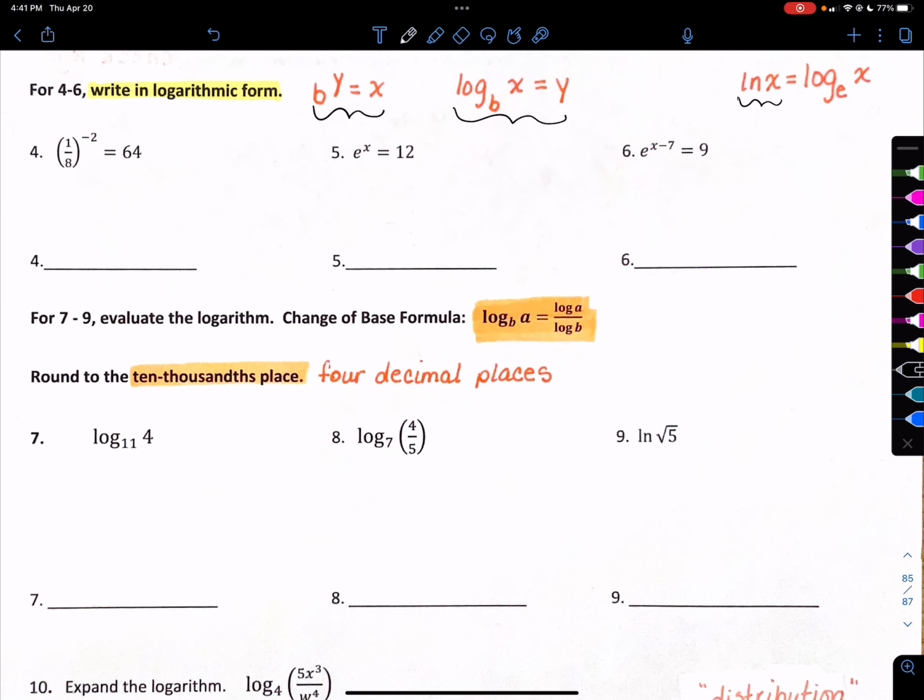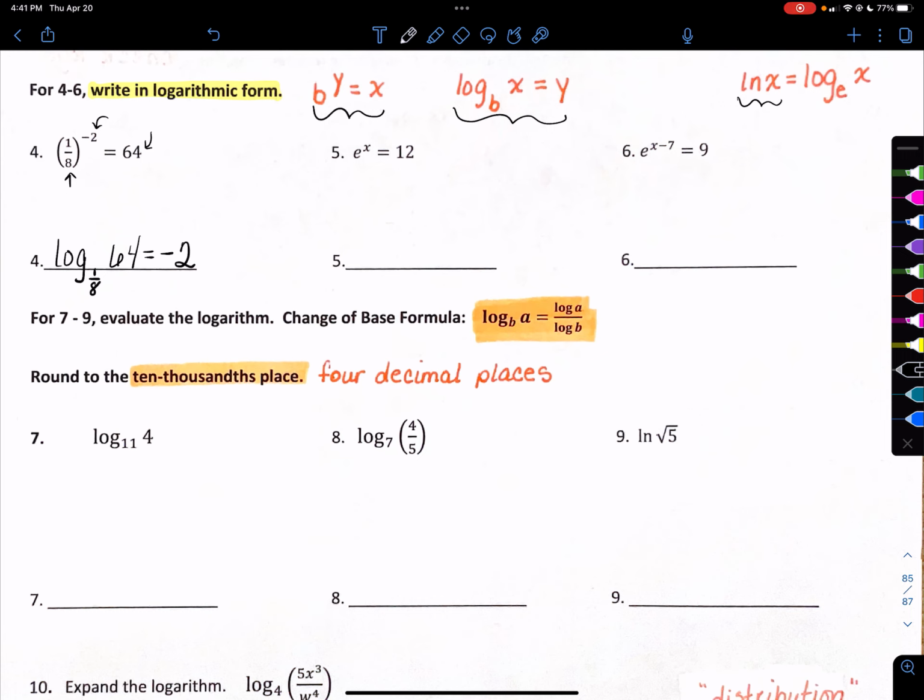Okay. All right, this one here, the base is 1/8. The exponent is -2. So let's go ahead and rewrite this one with the term log. So log base 1/8 of 64 equals -2.